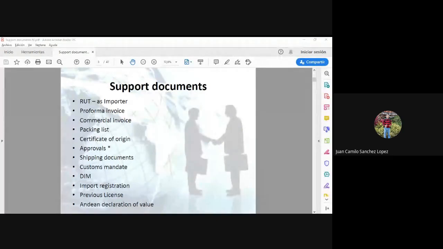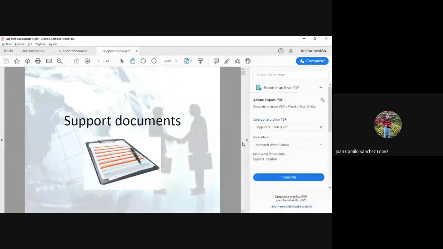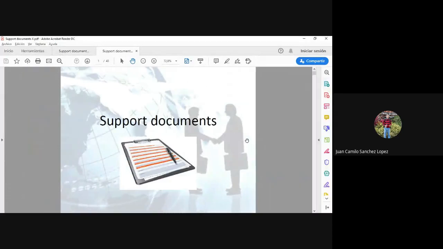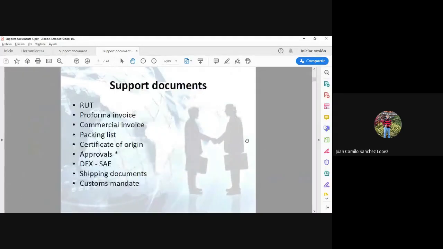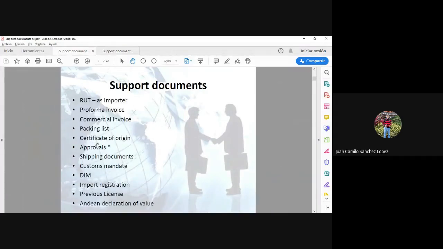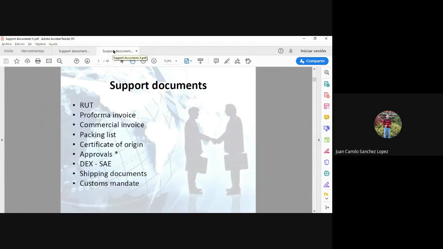And here are the support documents for exporting that I showed you in the previous video. BETS and SAI are exclusive for exporting. The import declaration, import registration, previous license, and Andean declaration of value are exclusive for importing. The others are common for both.